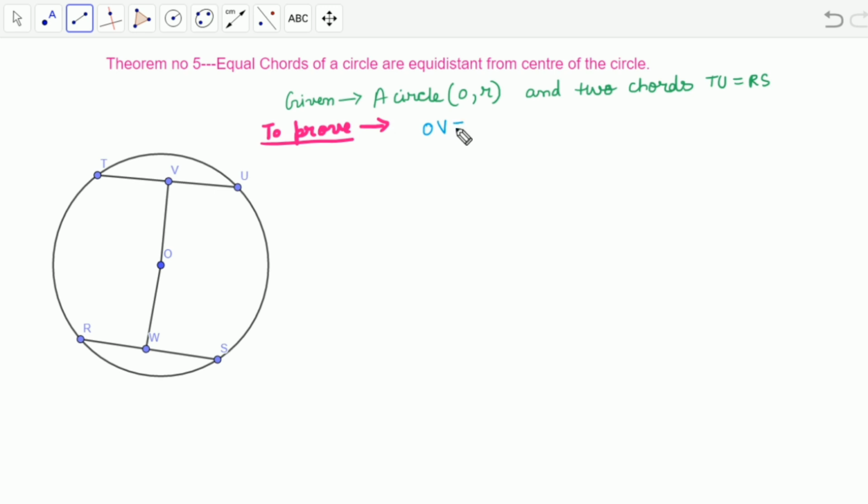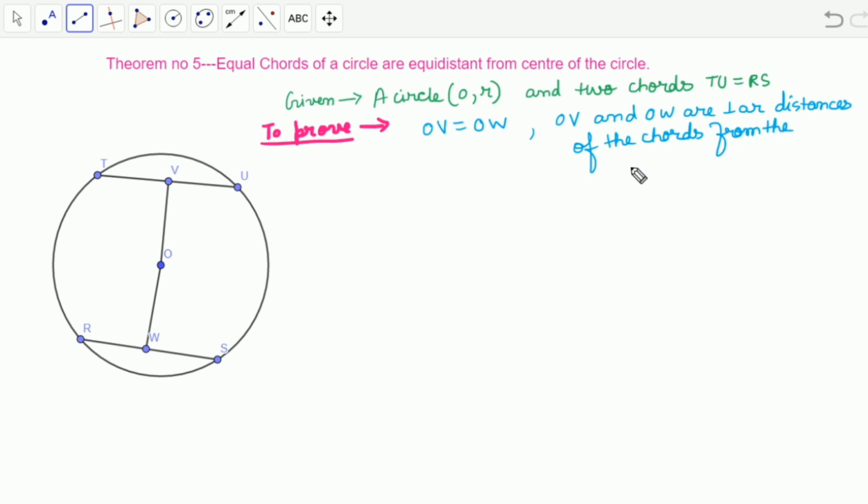OV equal to OW, right? And OV and OW are perpendicular distances of the chords from the center of the circle, right? So let's prove it.